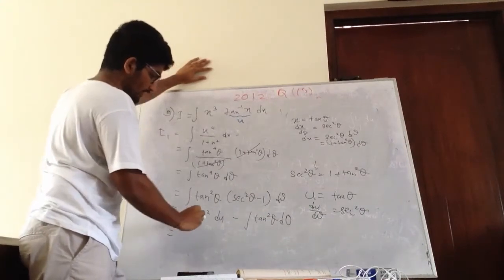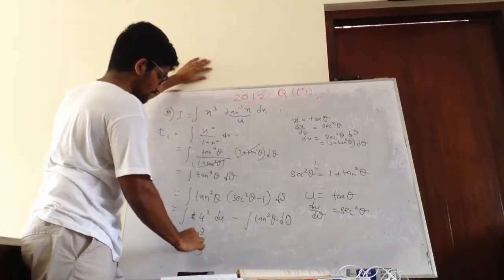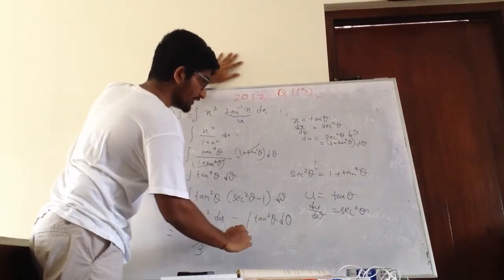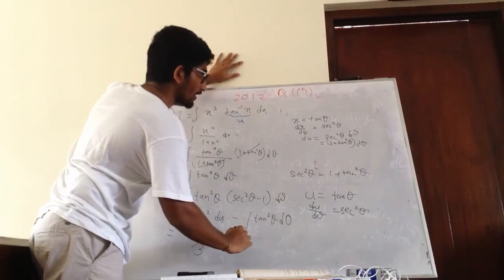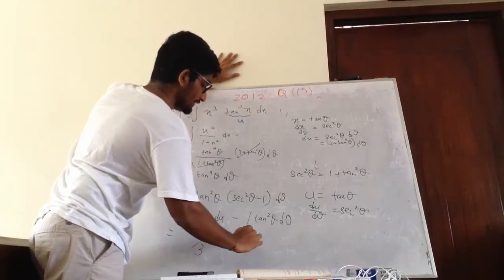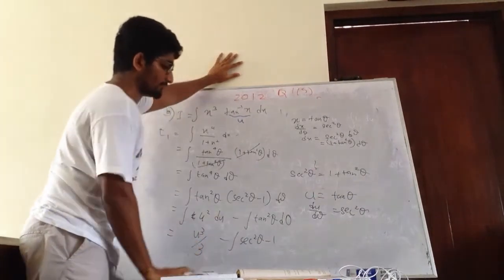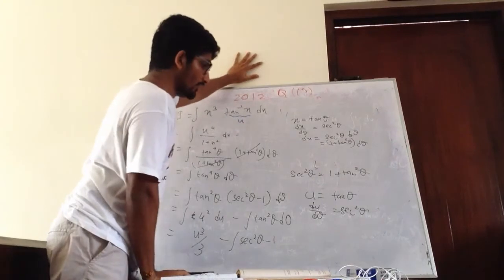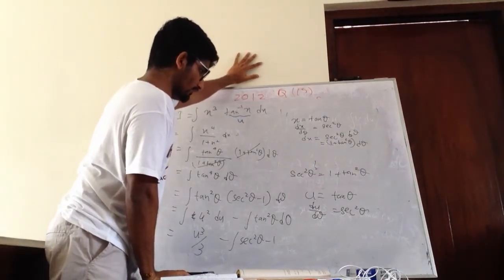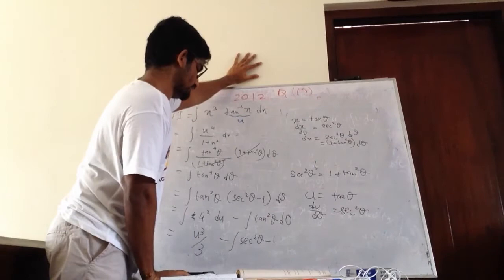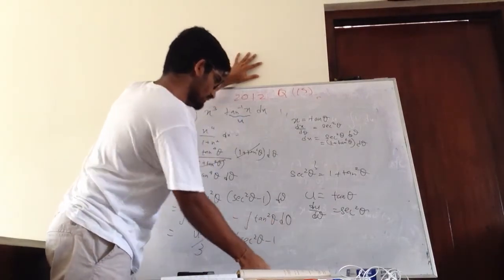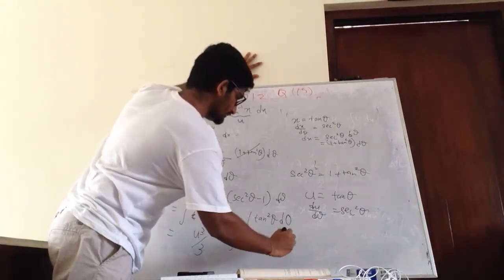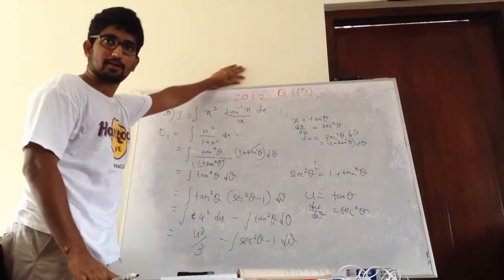Right. So basically this, of course you can get easier. That is u cubed over 3. Here, this you can rewrite as sec square theta minus 1 d theta. Correct?